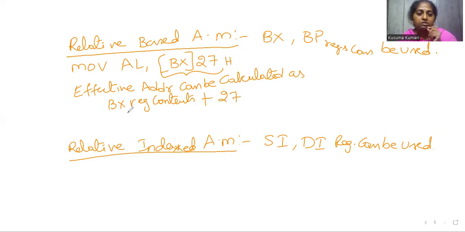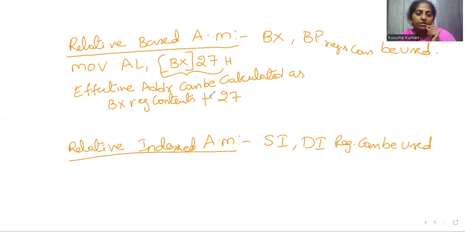These two make the effective address. With that effective address, physical address can be calculated. And once the physical address is calculated, the memory location is identified. Once the memory location is identified, then the data can be transferred to AL.